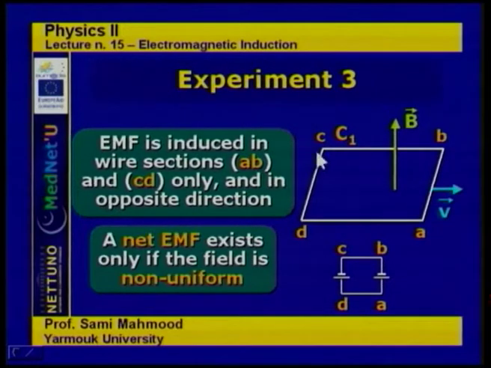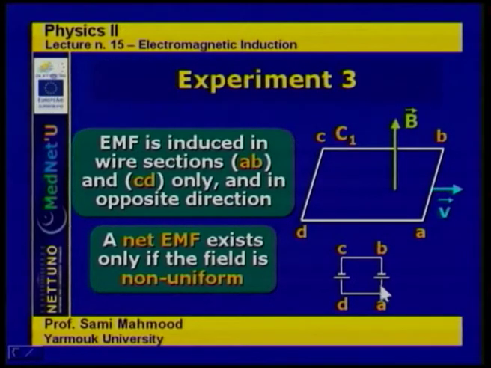Now that means in the wire CD, we have an electromotive force as a consequence of the motion. As we did in experiment number 1, we consider the force exerted by the magnetic field on the charges in this moving wire CD, and on the charges in wire AB as it moves.